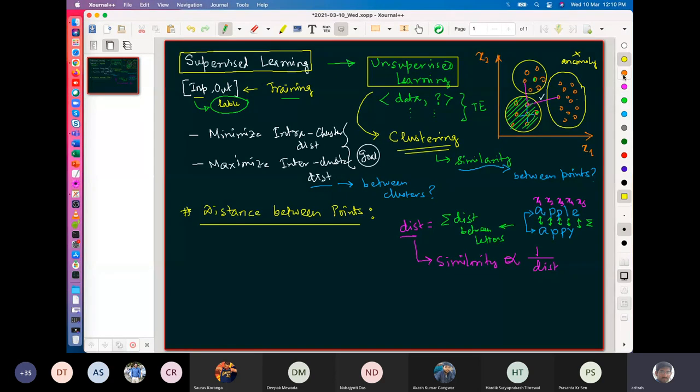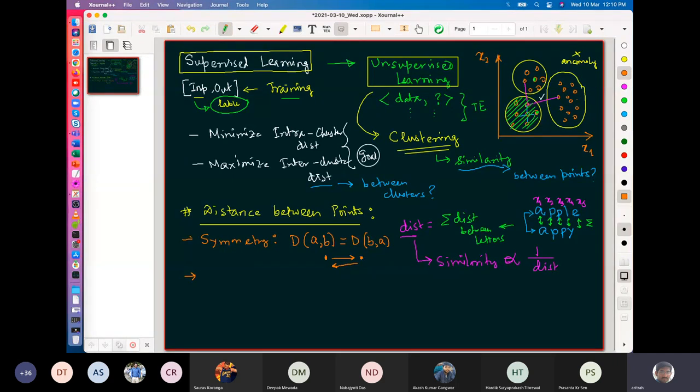However, in all these cases, when we try to compute distance, usually three mathematical notions should be obeyed. One is called symmetry, which means the distance between 2 points A and B is the same as the distance between the point B to A. If there are 2 points A and B, you measure the distance this way or that way, both will be the same.